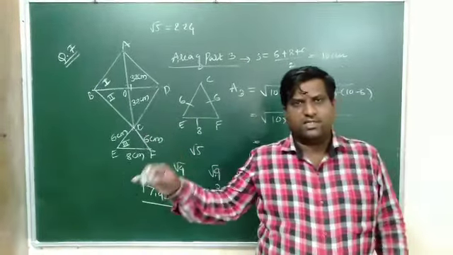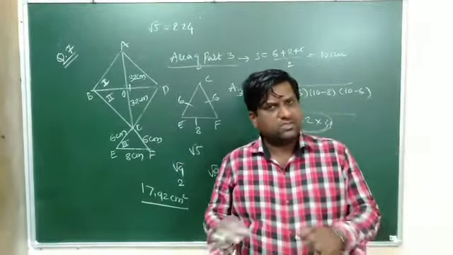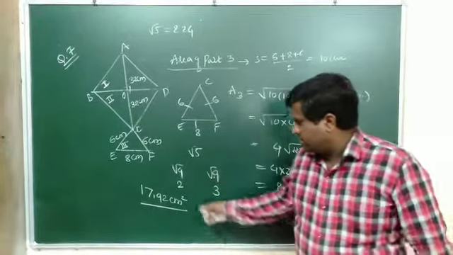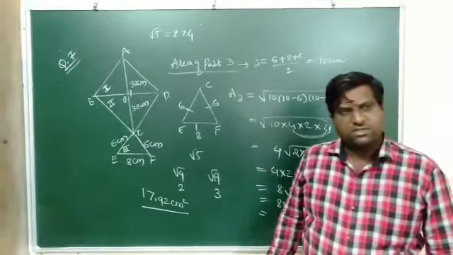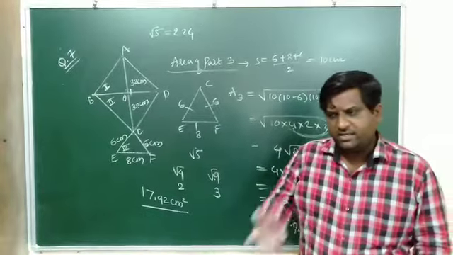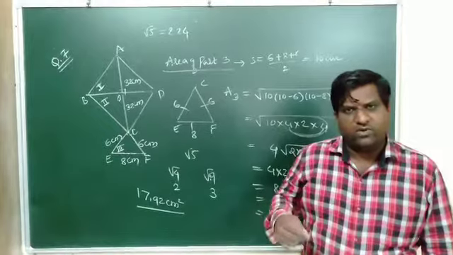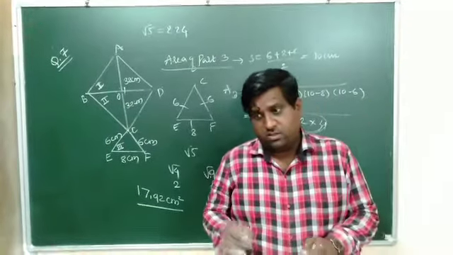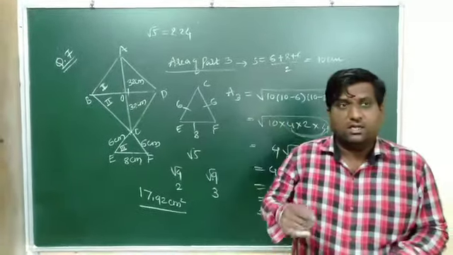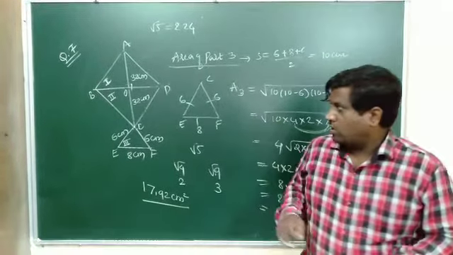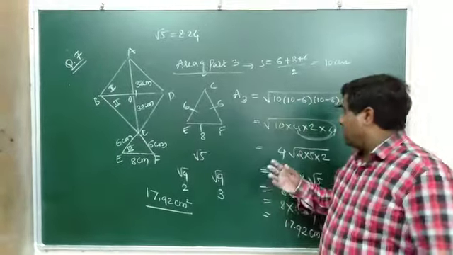After the entire calculation, simply mention the answer. The area of part 1 is 256, the second one is also 256, and the third one is 17.92 centimeter square. It makes it easy for the person evaluating your answer sheet. You should write in such a way that he gets the least bother and does not waste more time finding the answer.